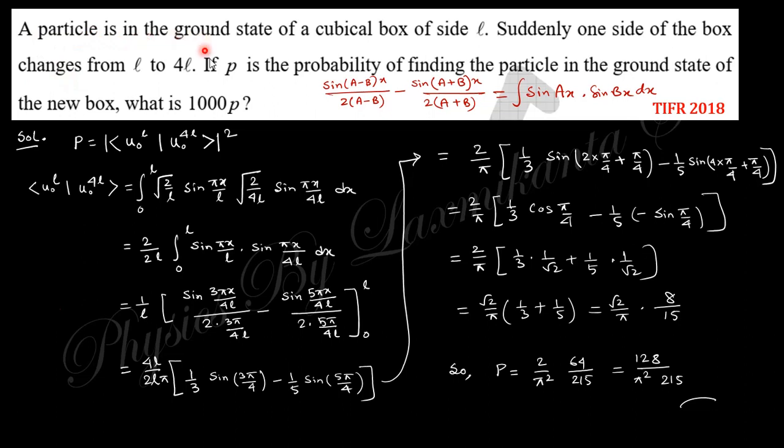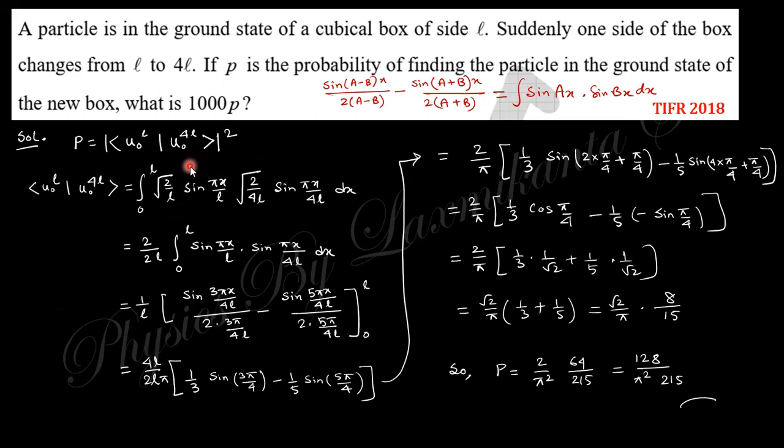A particle is in the ground state of a cubical box with side L. Suddenly one side of the box changes from L to 4L. If P is the probability of finding the particle in the ground state of the new box, what is 1000 P? You need to find out 1000 P. Okay.